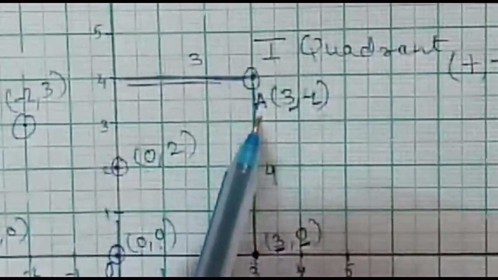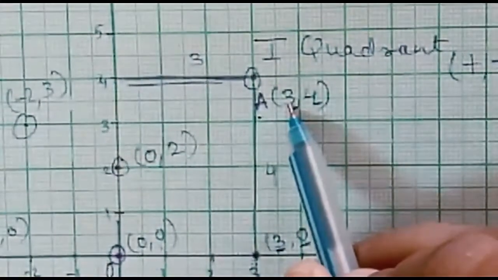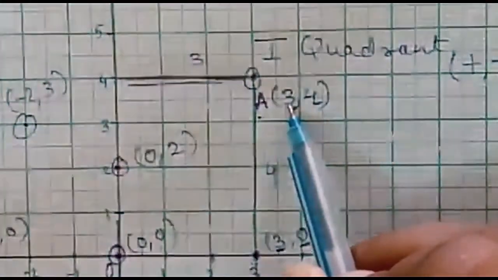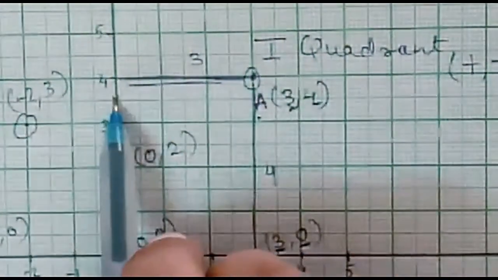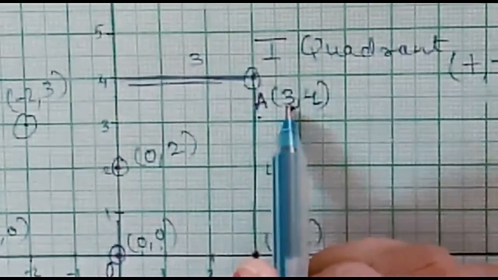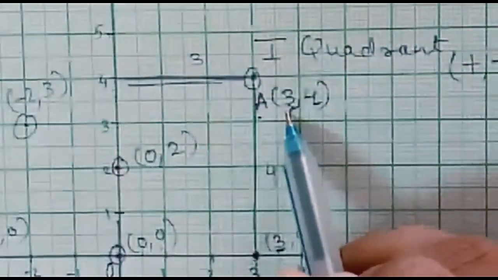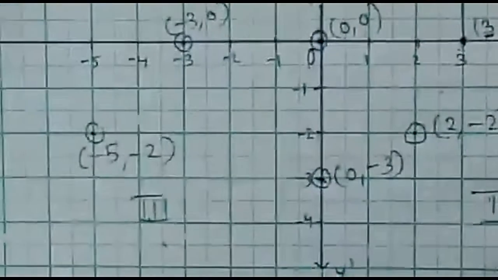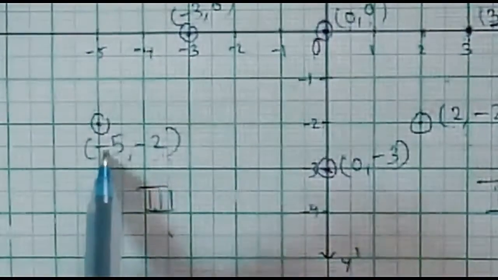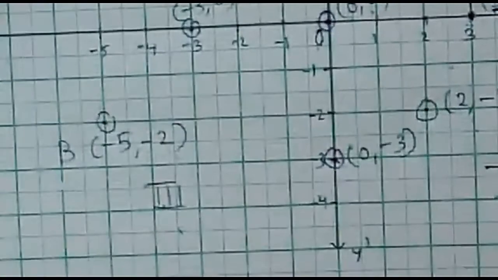That means for any point A or B or C, its x coordinate, if it is negative, make it positive, its x coordinate will be the distance from y-axis. So I can say 3 is the distance from y-axis and 4 is the distance from x-axis, right? Same way, if you take a negative number, please take this as point B, (-5, -2), right?